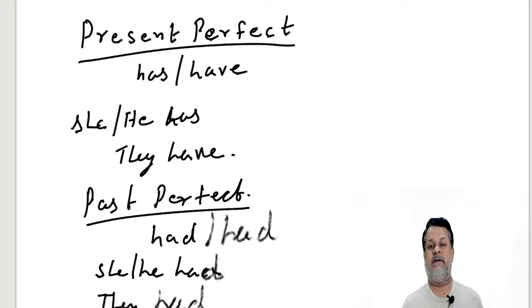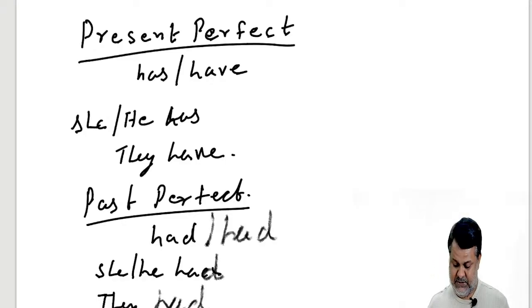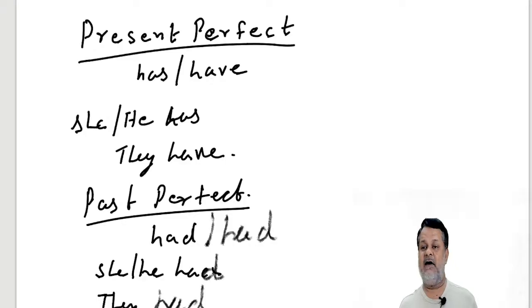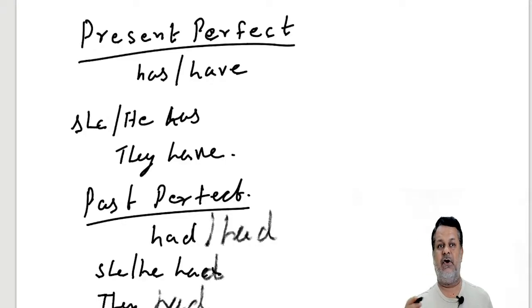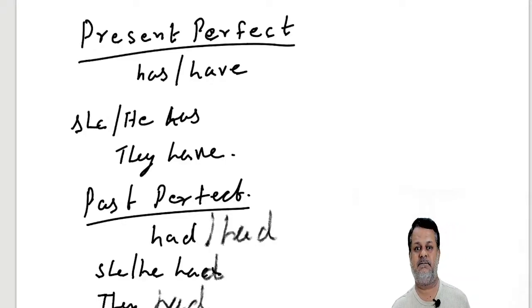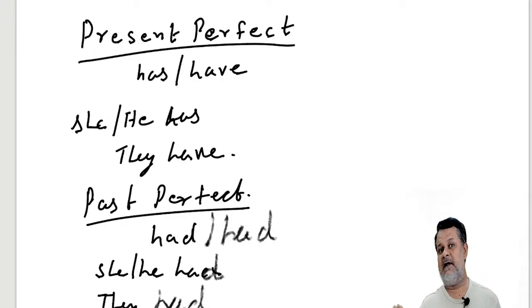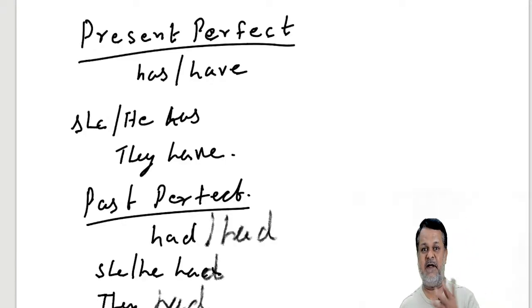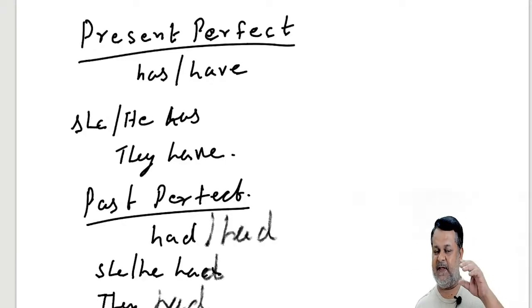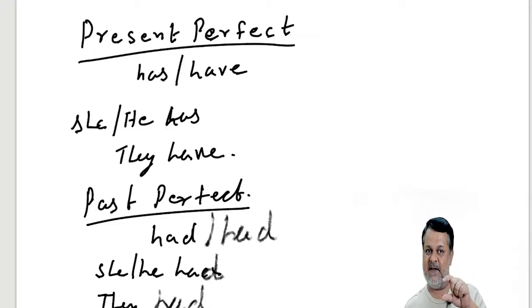So she had learned music before learning music. That could be an example. So we are talking about something that happened in the past, and that past is something before another action started happening.